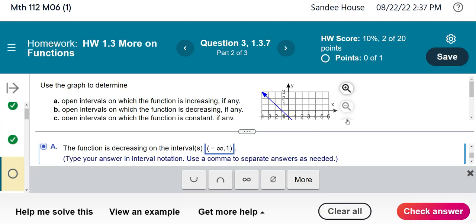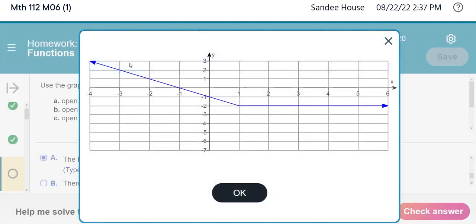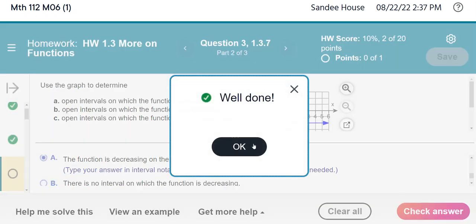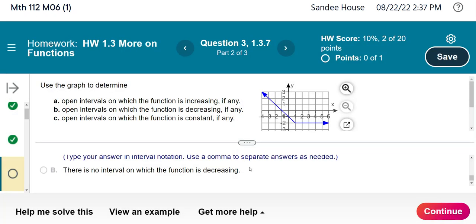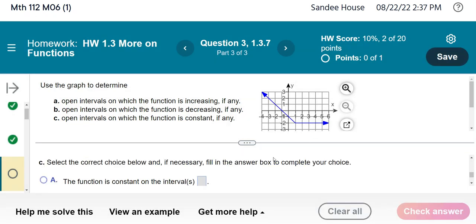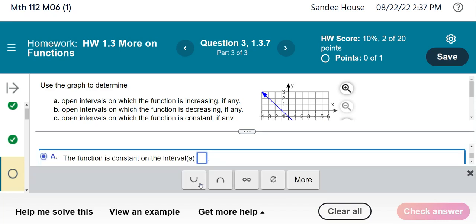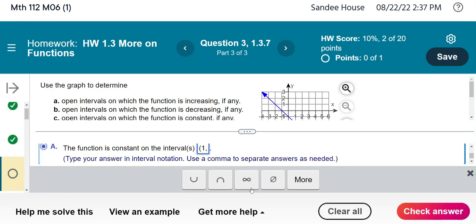Remember, we saw that graph. It was decreasing everywhere over here until we get to x is 1, using parentheses, never using a y value. And we see that the function is constant this time because it's flatlining from 1 to infinity.